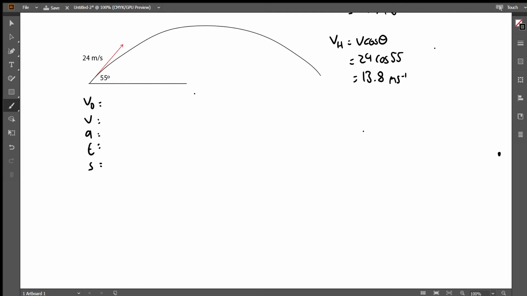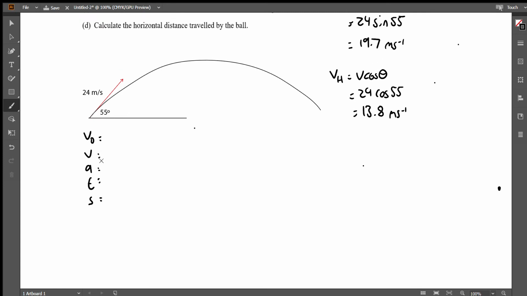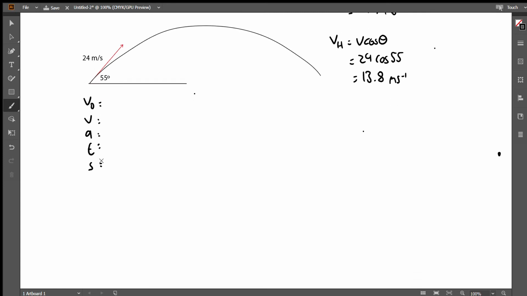So here our initial speed, which we've just worked out vertically to be 19.7. We're trying to work out v. The acceleration is just the acceleration due to gravity, negative 9.8. The question tells us that the time is 1.2 seconds, and we don't care about the displacement at the moment.